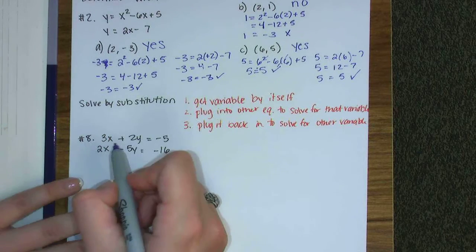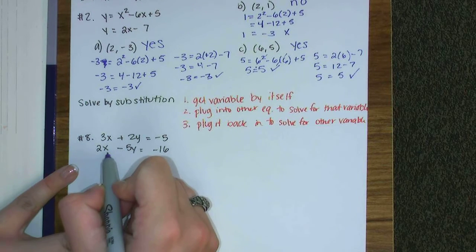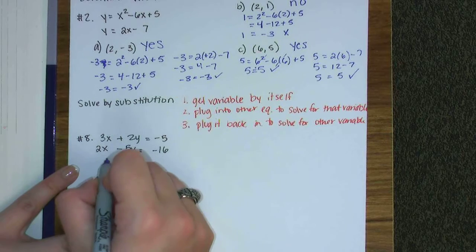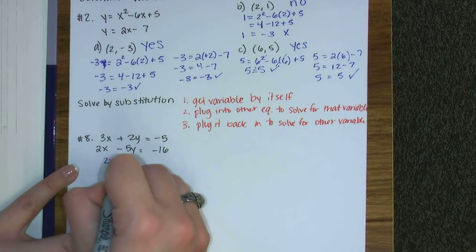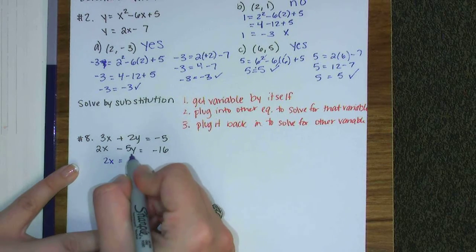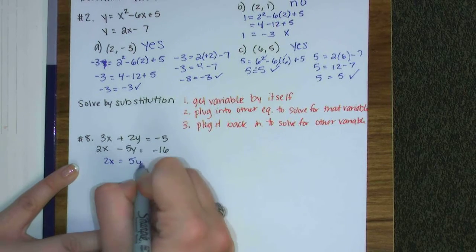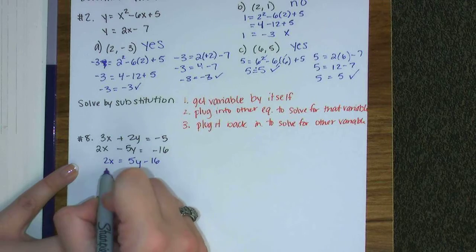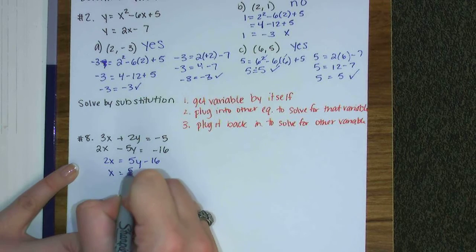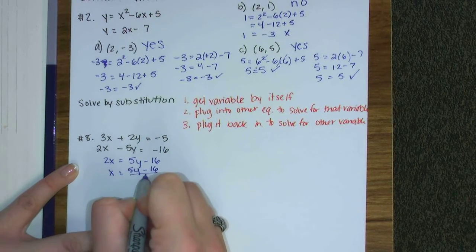So I'm going to get this x by itself here. 2x is equal to, I'm going to move this 5y over, so 5y minus 16, divided by 2. x is equal to 5y minus 16 over 2.